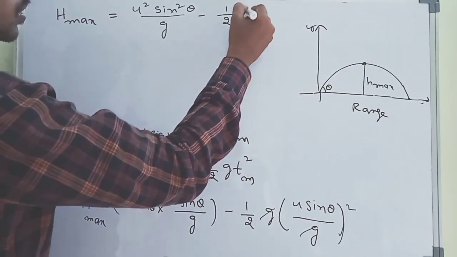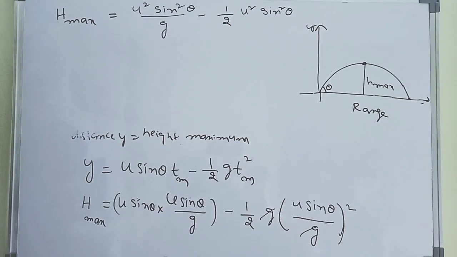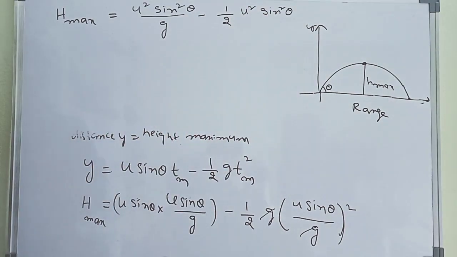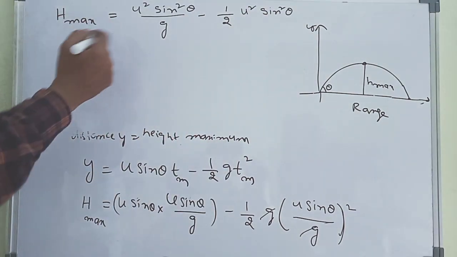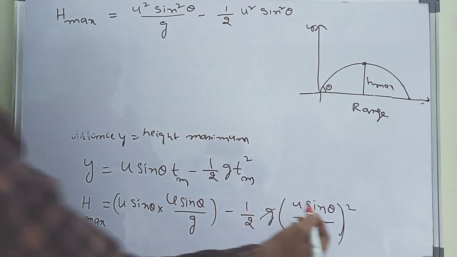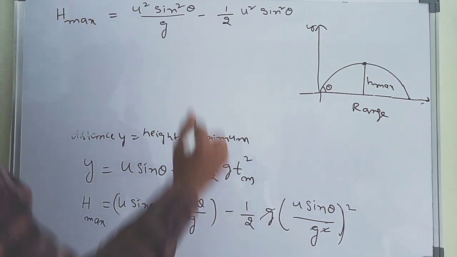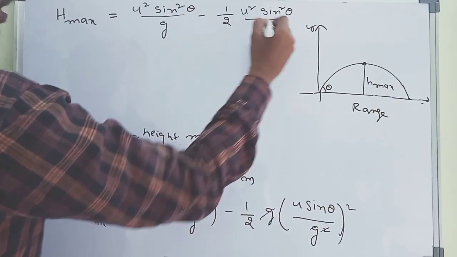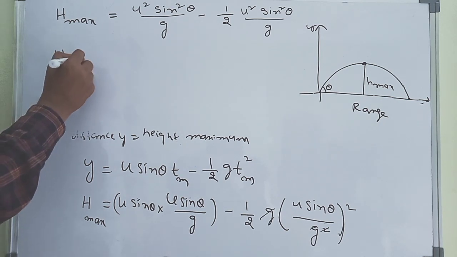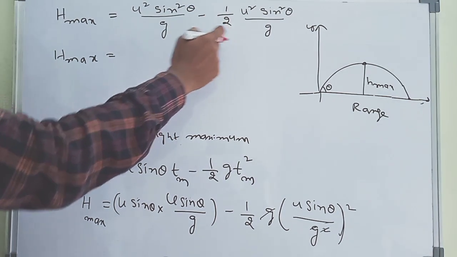That is u square sin square theta by g. So therefore h maximum is equal to u square sin square theta by g minus 1 by 2 u square sin square theta by g.